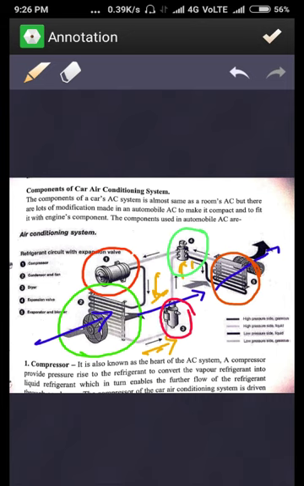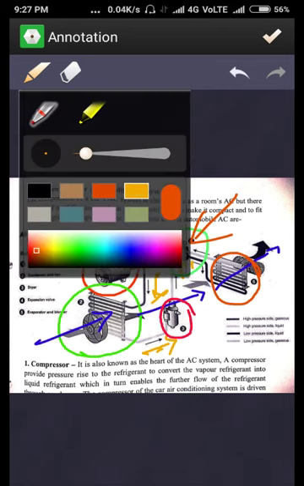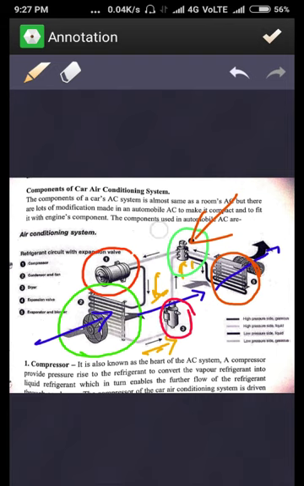This fluid from the evaporator will now once again move towards the expansion valve, and the pressure is reduced once again, and the process goes on like this. This high temperature and low pressure fluid will once again move to the compressor, where it will be compressed to high pressure, and this cycle will go on continuously like this.